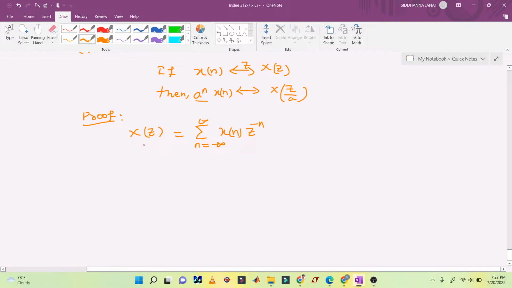Now multiplication by exponential, then what we get is the summation from n equal to minus infinity to plus infinity of a to the power n x[n] z to the power minus n, which is the summation of x[n] (a z inverse) to the power n. Okay, this is X(z).